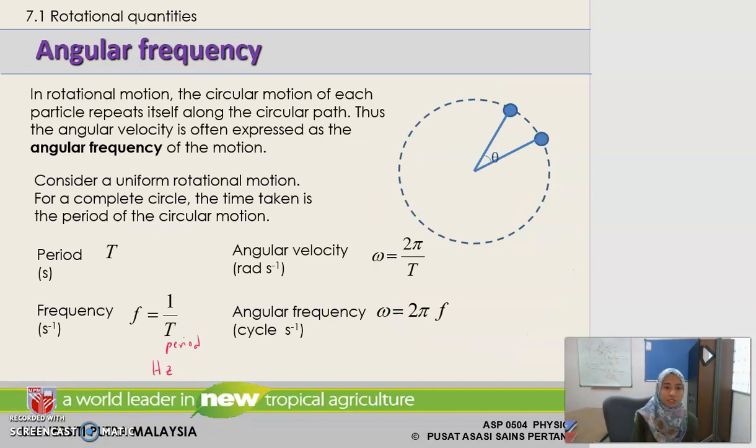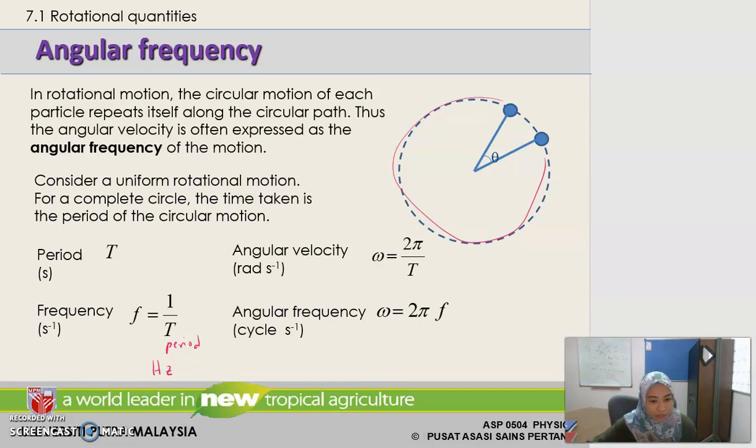Okay, so in rotational motion, the circular motion of each particle repeats itself along the circular path. So I have a particle and I am repeating this motion over a circular path. Thus, the angular velocity is often expressed as the angular frequency of the motion. Now, frequency, we learned about this before in chapter 6. We have period, that is t, and this period is in seconds, that's the SI unit. And then we have frequency, which is 1 over period or 1 over t.